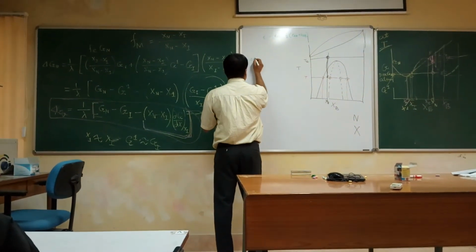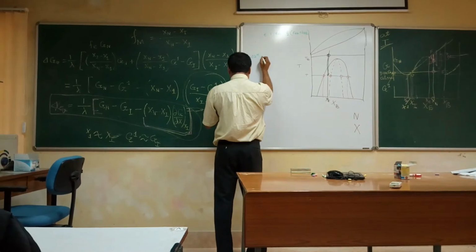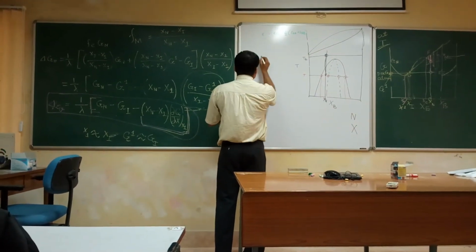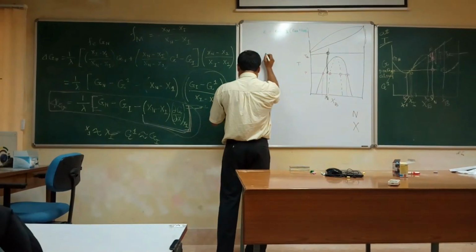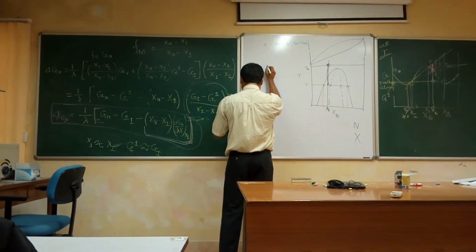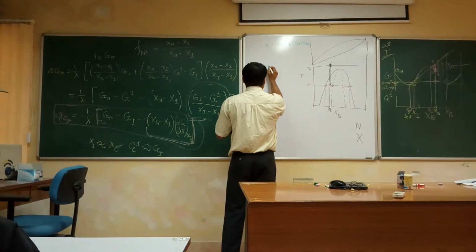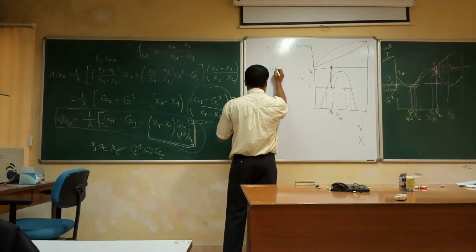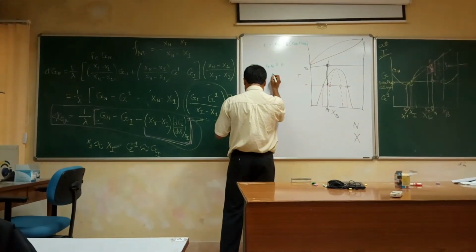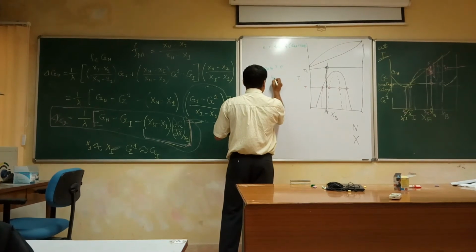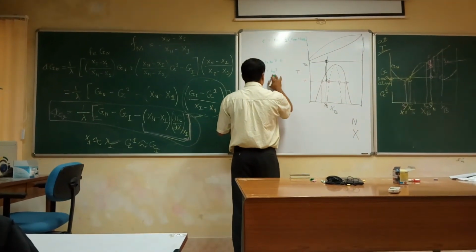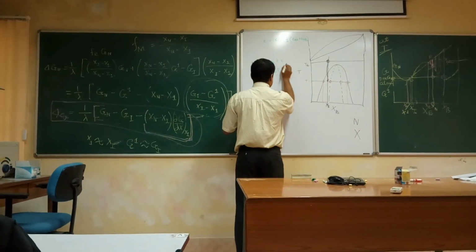Your Gibbs free energy of mixing for a regular solution, delta Gm, is given by xa xb z multiplied by this epsilon, plus kT per atom, or RT per mole, summation xi ln xi.